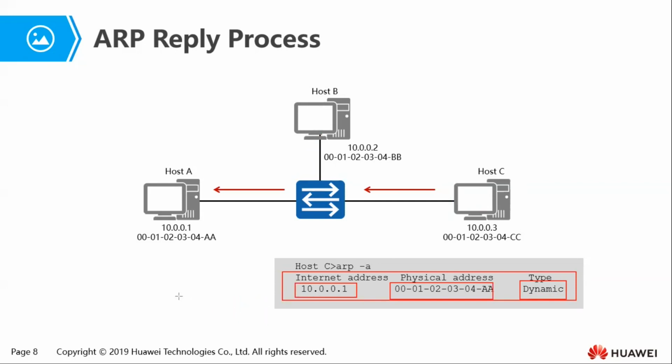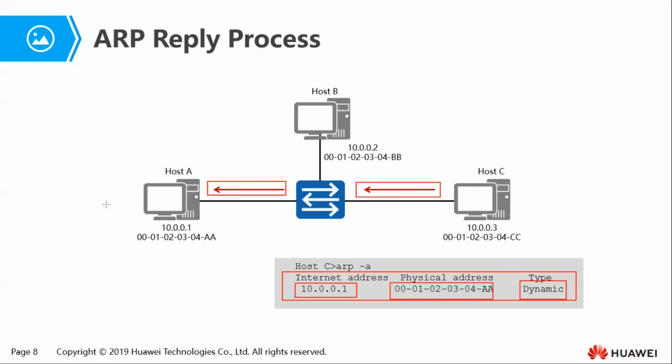Dynamic is automatic, not manual. So that's the first thing it will do, update its ARP cache table, then create a reply. And this time, because we have the IP address and the MAC address of host A, we are going to send a unicast message to host A.